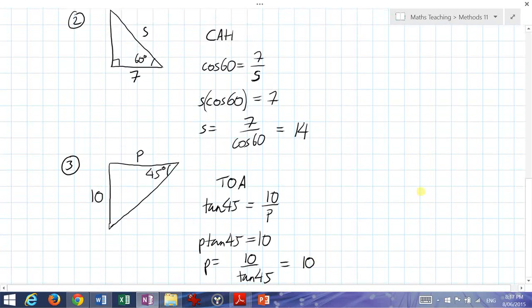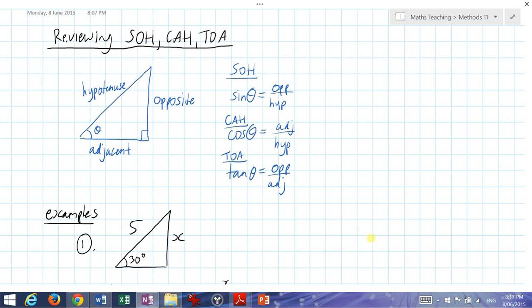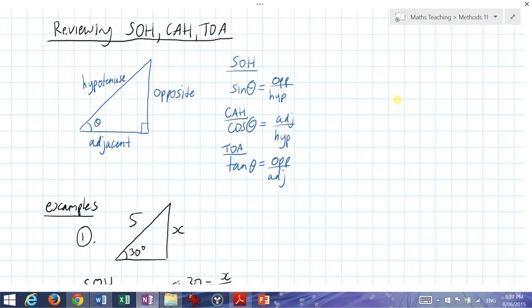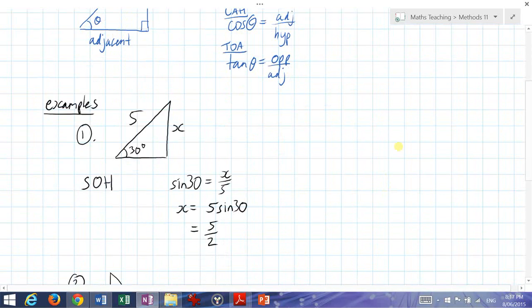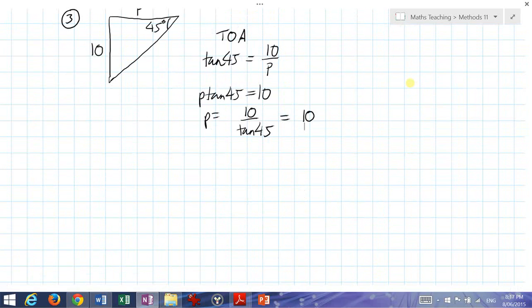So that is a quicker refresher on SOH CAH TOA and finding the unknowns of a triangle. You can use this to find all the angles or all the sides of a triangle from knowing just two. Let's make a note of that.